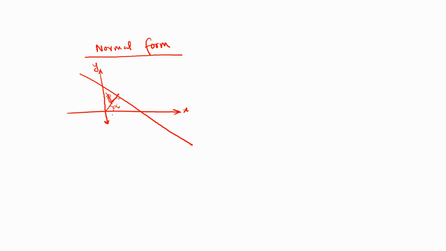Let's start doing this. Let's say this is a, and let's say this is b. From this triangle, what is cos alpha? Cos alpha is base by hypotenuse, right?